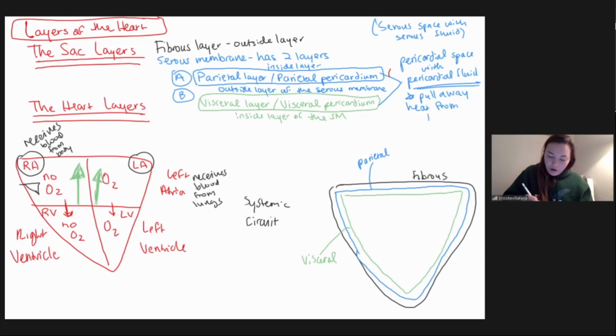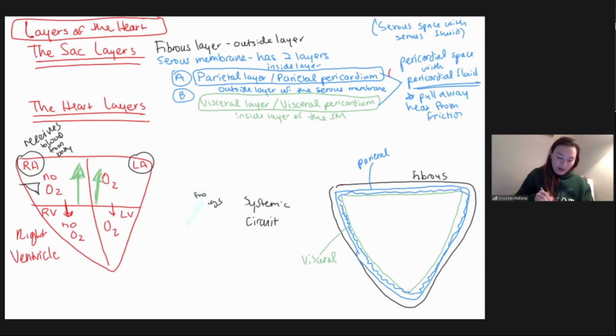As your heart beats all day, it creates this heat, and that pericardial fluid pulls that heat away. So we can draw that fluid like this. We picture it floating in between this space here, protecting the heart from getting overheated. Okay.